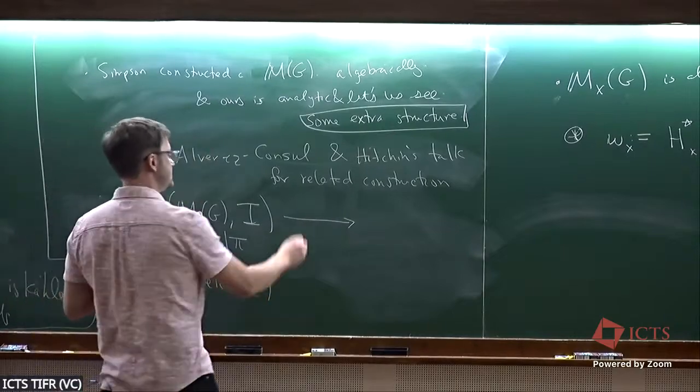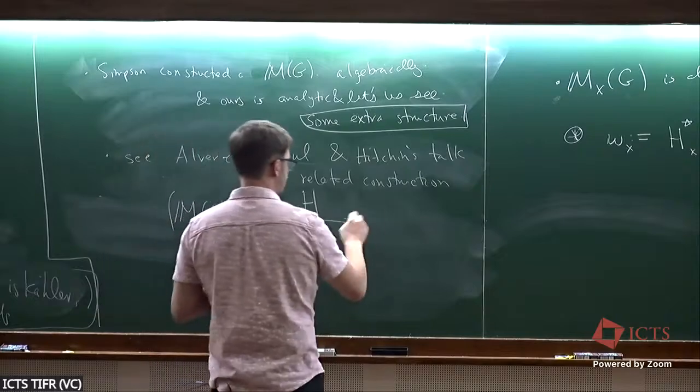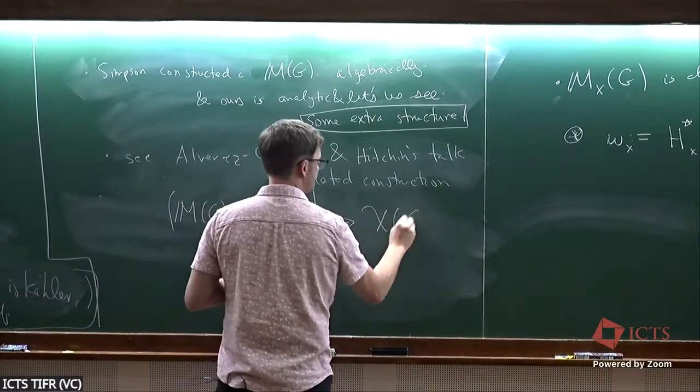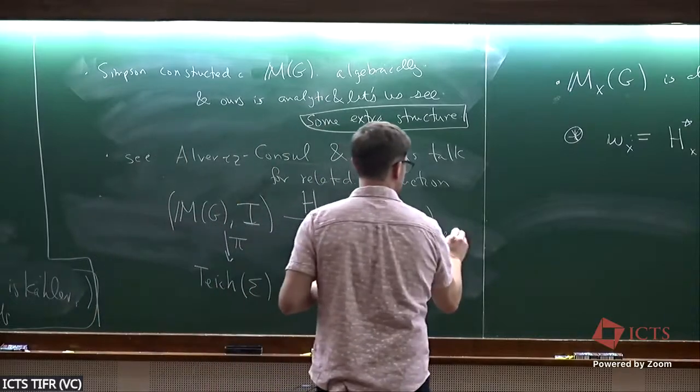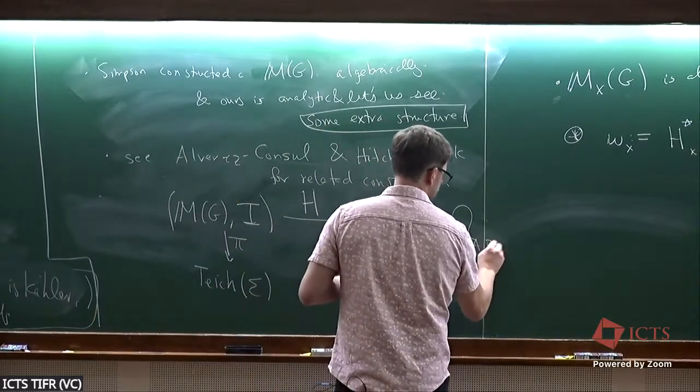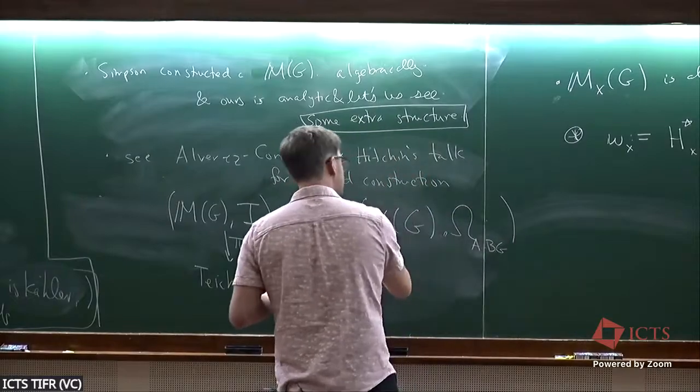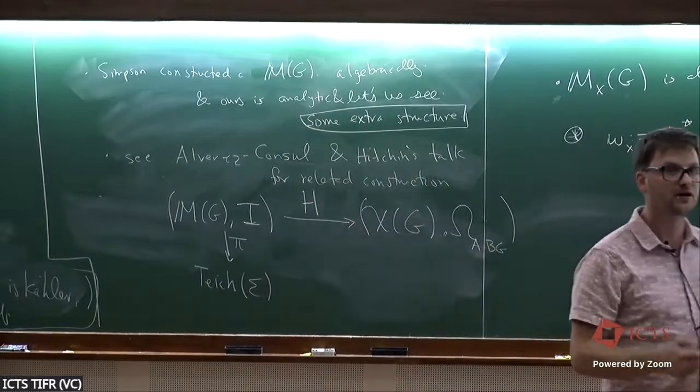And it has this map to the character variety, or the smooth locus of the character variety. And this space has this canonical, or natural, symplectic form.